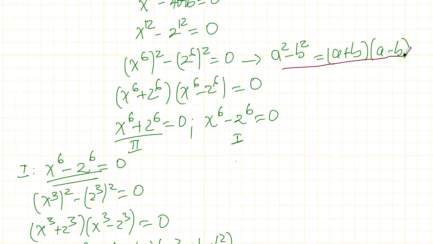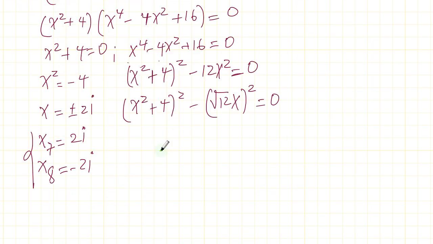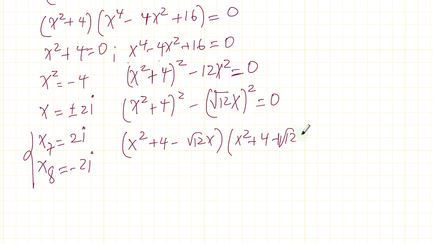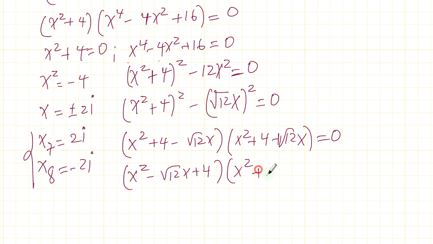So we're gonna say then that this is x squared plus 4 minus square root of 12x, which will multiply x squared plus 4 plus square root of 12x, and then this is 0. So let's organize this. We're gonna have x squared minus square root of 12x plus 4, and then x squared plus square root of 12x plus 4, and then equals 0.